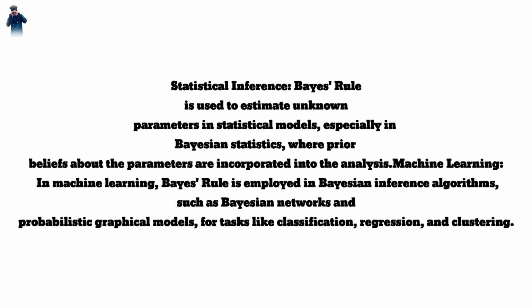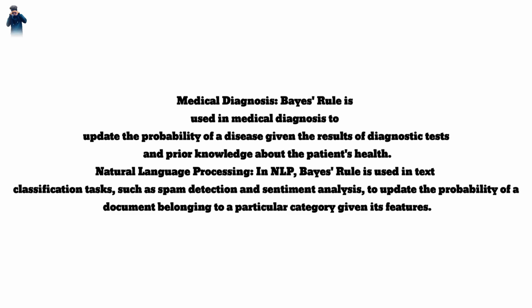2. Machine learning. In machine learning, Bayes' rule is employed in Bayesian inference algorithms, such as Bayesian networks and probabilistic graphical models, for tasks like classification, regression, and clustering. 3. Medical diagnosis.